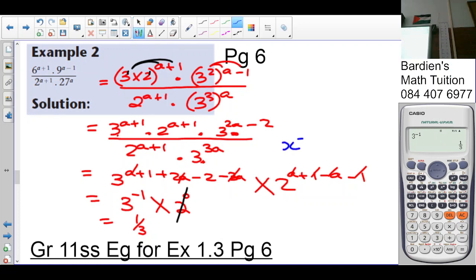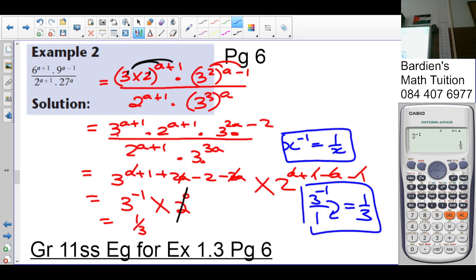We're using that rule that says x to the minus 1 is 1 over x. This was dealt with in the previous exercises. Yeah, that rule we have been applying since grade 9. Okay. Any confusion? Alright.